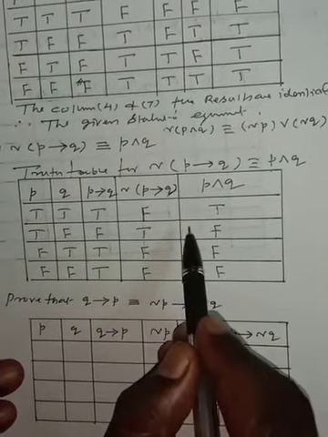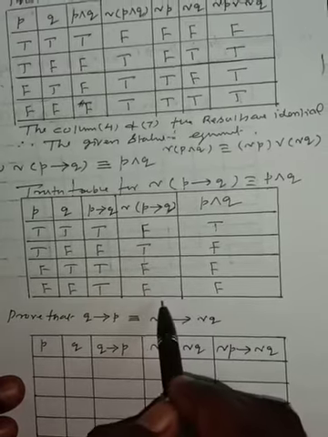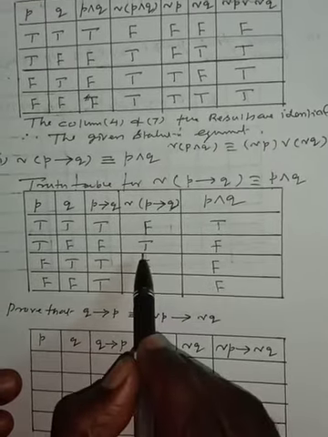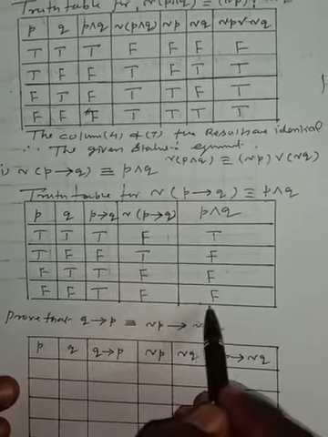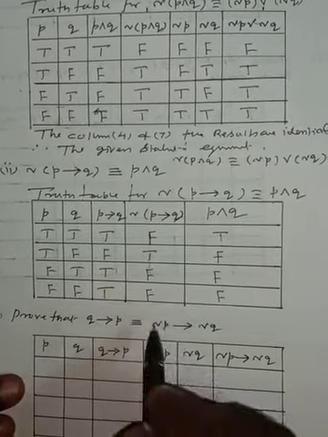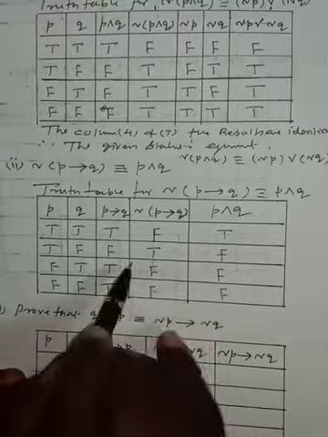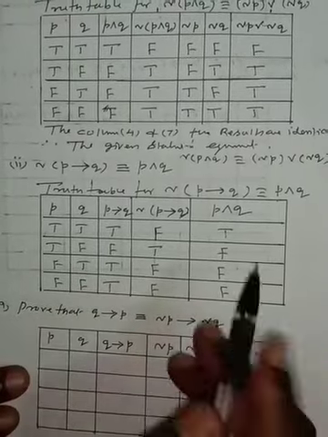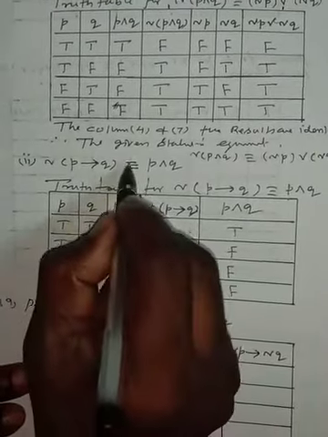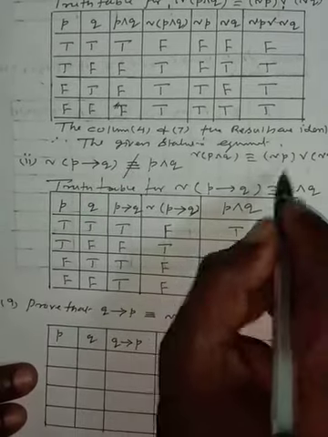From the table, the fourth column result is F T, T F, F F, F F. The fourth column and fifth column results are not identical. Therefore, it is not equivalent.